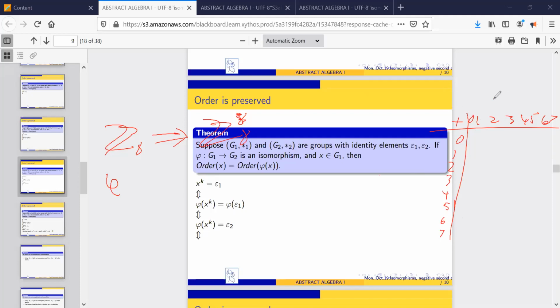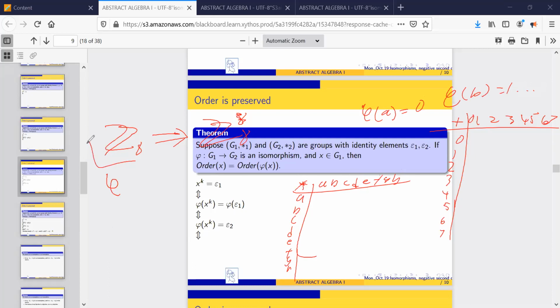Like if this is the normal Z8 Cayley table, you could create the exact same thing but rename elements, or maybe do A, B, C, D, E, F, G, H. You could do it such that phi of A is equal to 0, phi of B is equal to 1, etc. But there's a non-trivial isomorphism from Z8 to Z8.